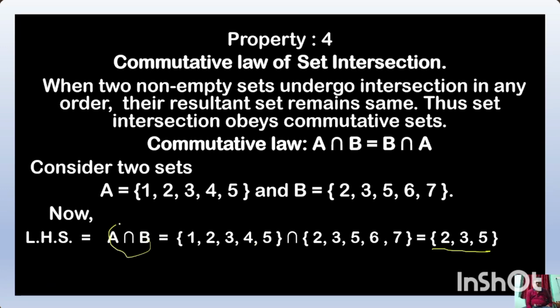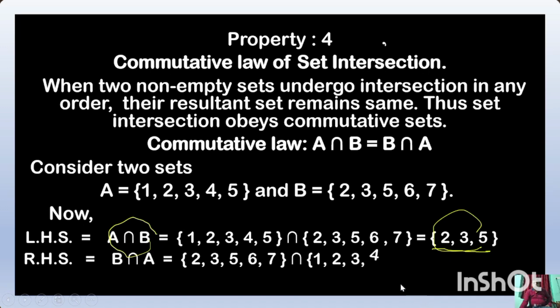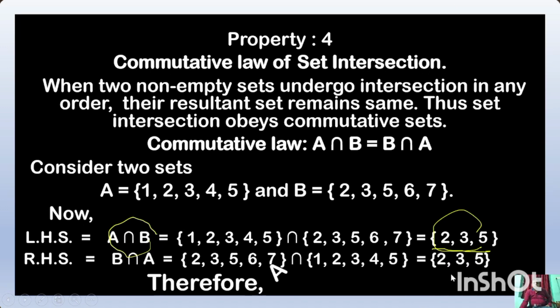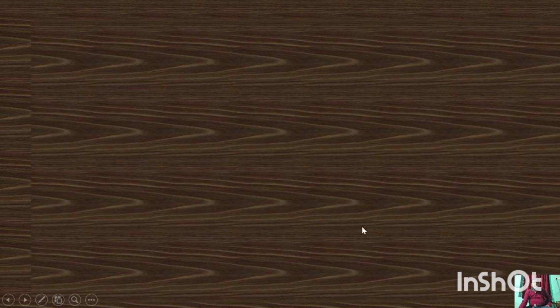Here in A intersection B, these are the common elements. Similarly, if you take B intersection A, also the elements are 2, 3, 5. Therefore, A intersection B is equal to B intersection A. Same elements are there. Thus, set intersection obeys the commutative law. With the help of examples, we are going to prove it.